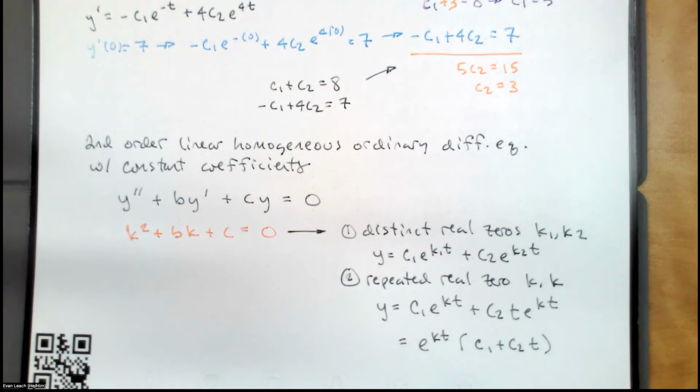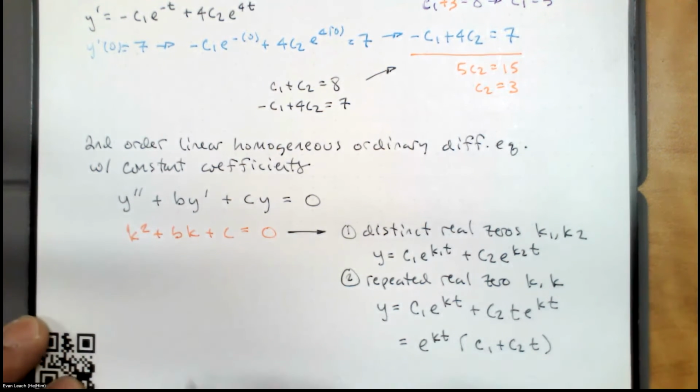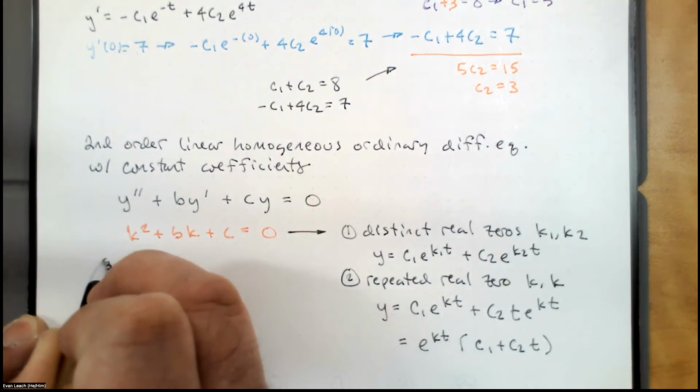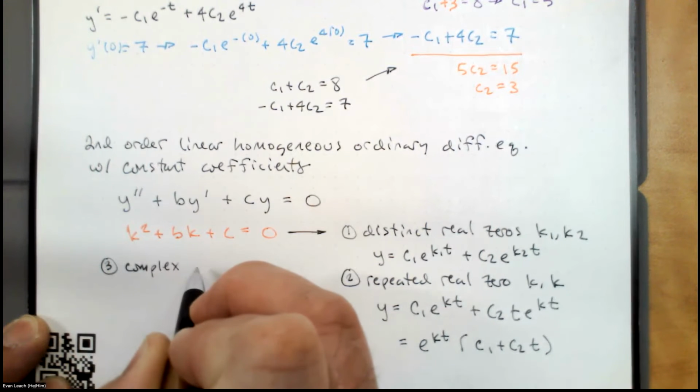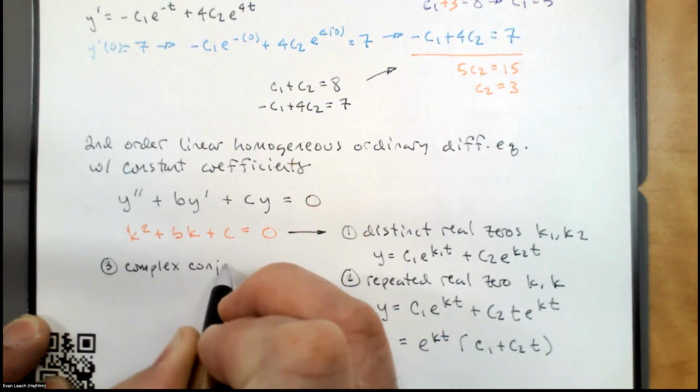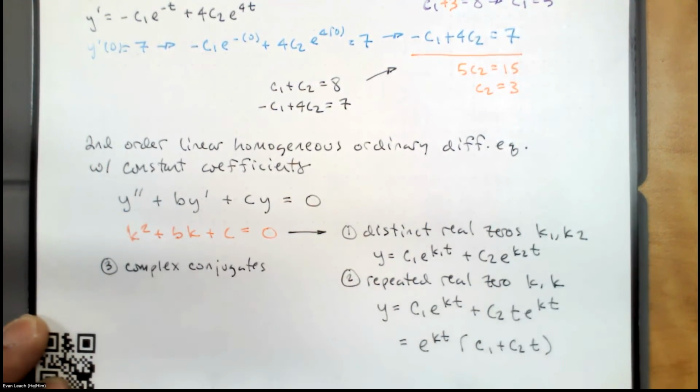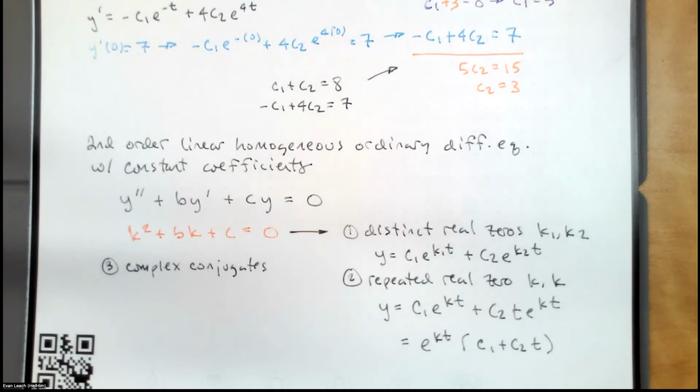There's a third thing that can happen. When we're solving a quadratic equation, it could be that we end up with complex conjugates, a plus or minus bi.